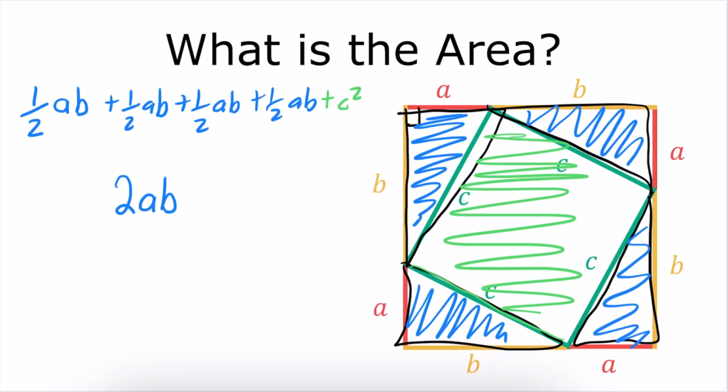So I would have 2 of whatever A times B is. And then I would also still have the area of this inside square, which would be C squared. So the area of this big square would be 2 times whatever A is times whatever B is, plus C squared.